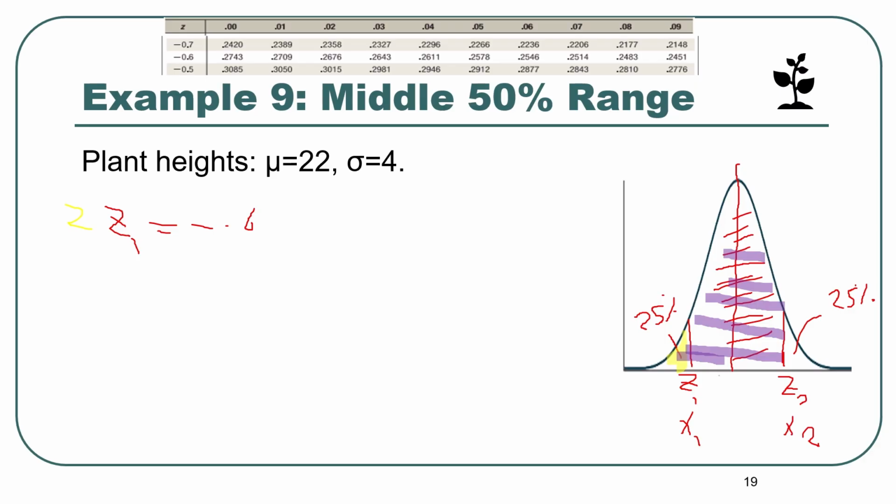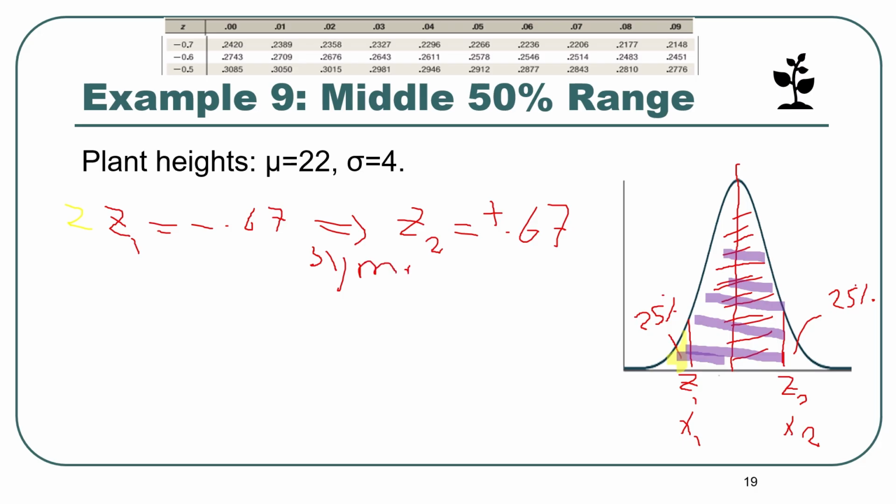And I'm hitting the 7th column, so the intersection between the 7th column and the minus 0.6 row will give me that one, which means from symmetry, Z2, why does symmetry play a role here? Because I have the same area below and above, so symmetry will give you 0.67, but with a positive sign.